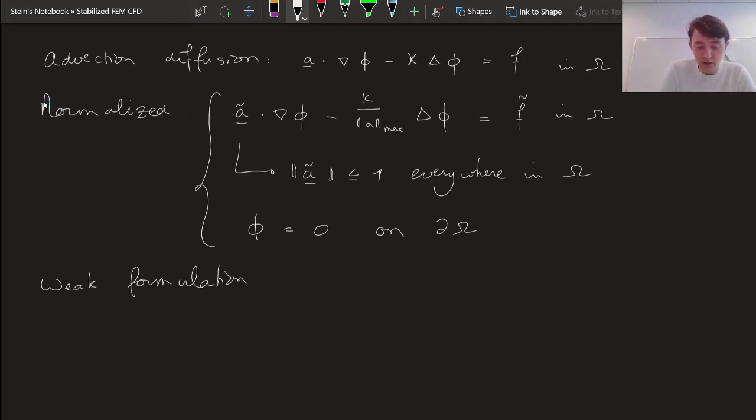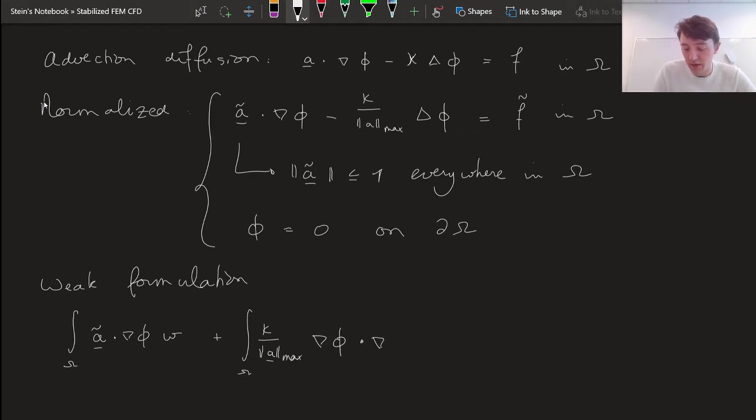And if we do all that, then we end up with an integral over omega that has this normalized advection dotted by the gradient of phi multiplied by my test function w, plus an integral over the domain of kappa divided by the maximum magnitude of our advective vector times the gradient of phi dotted by the gradient of w.